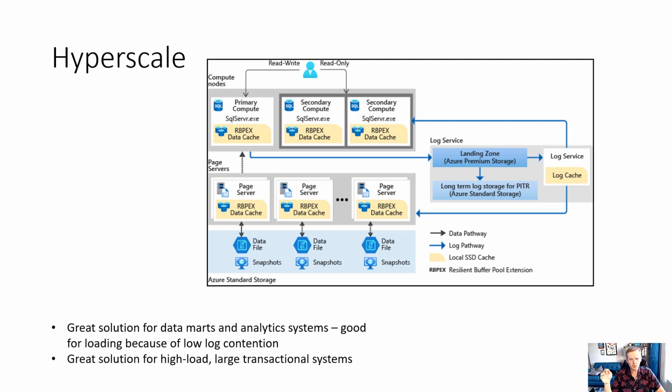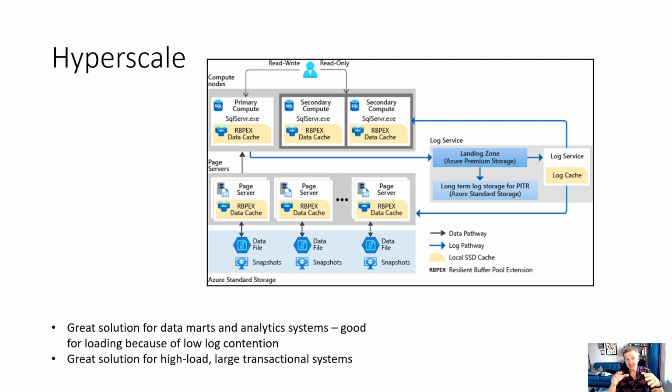Now, what makes Hyperscale so magical? A couple of things. The first thing is they scaled the compute away from the storage. I don't know if you ever took a SQL Server course before when you were new in your career, but in that course, they'll tell you that the engine of SQL Server is divided into two parts: the execution engine and the storage engine.